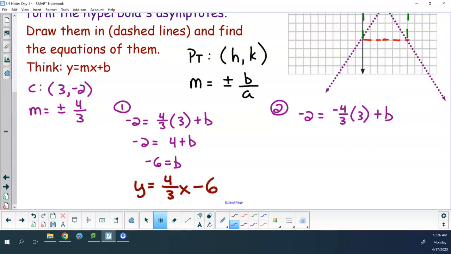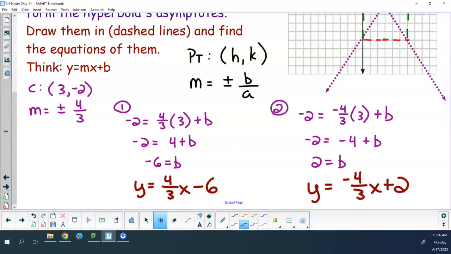So then this becomes -2 equals -4 plus b, which gives me +2 as my b. So the other asymptote equation would be y equals -4/3 x plus 2. Questions on that?